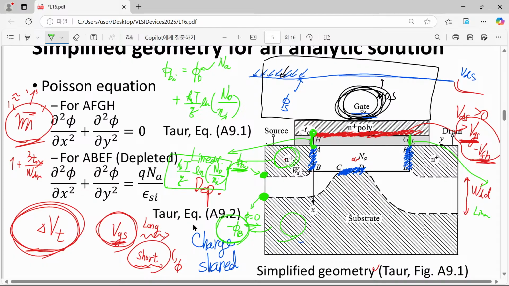And the one shown here is corresponding to phi bi, built-in potential. And between them, we have just parabolic potential bending. So, are you with me? So now we have just a parabolic one.